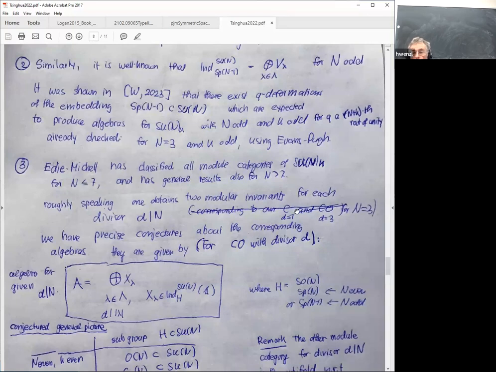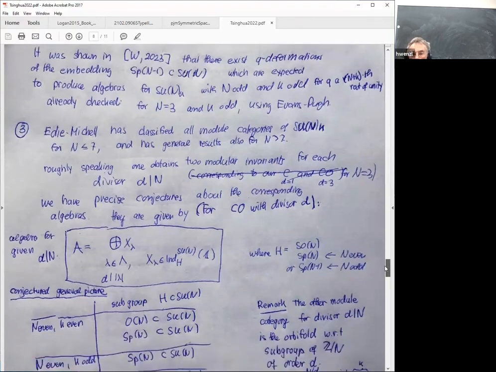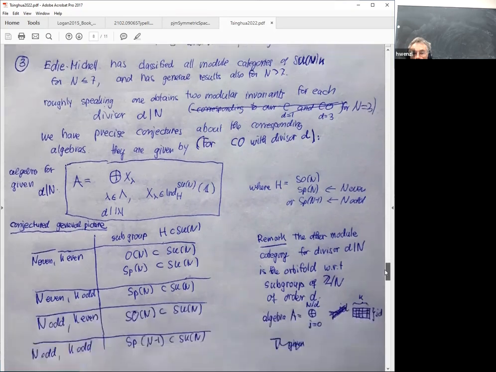And he can also classify all what they call non-exceptional modular invariants. Essentially all these non-exceptional modular invariants can be realized as truncations of embeddings of certain Lie groups.